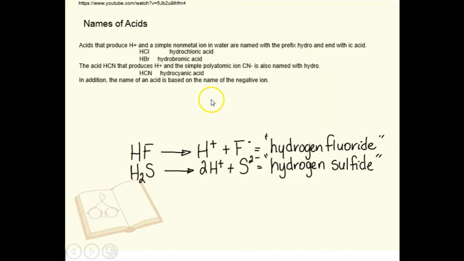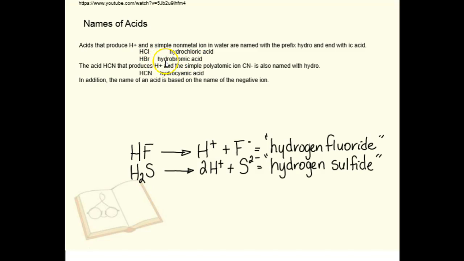Now the way that we name these acids is as follows. If an acid produces just a simple nonmetal ion in water, then the prefix that we add is hydro, and the ending we put on it is ic. So HCl is hydrochloric acid. HBr is hydrobromic acid.